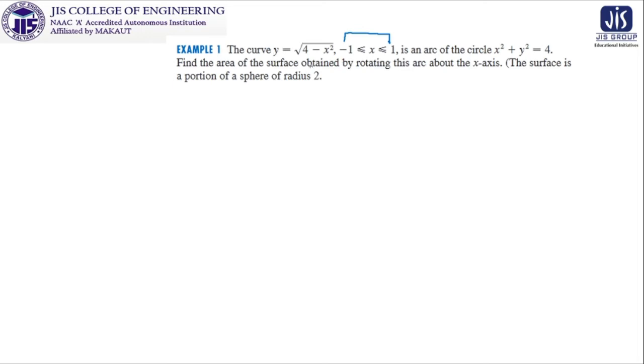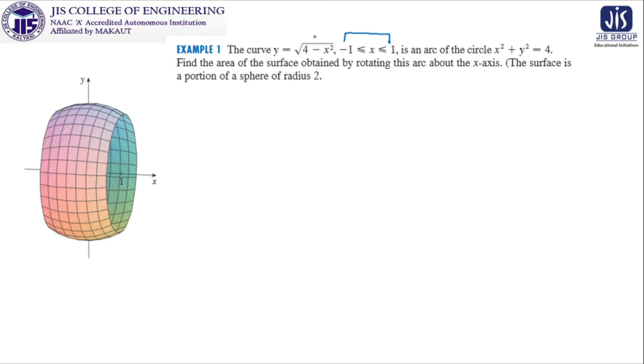Now our job is to find out the area of the surface obtained by rotating this arc about the x-axis. The surface is a portion of the sphere of radius 2, because we are not considering the whole sphere. So this is the interesting diagram of this one. Look at this. If you continue it in both directions and cover it up, you will get a sphere.